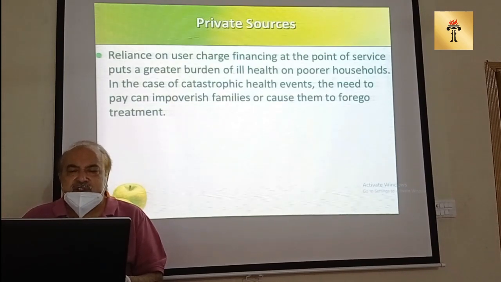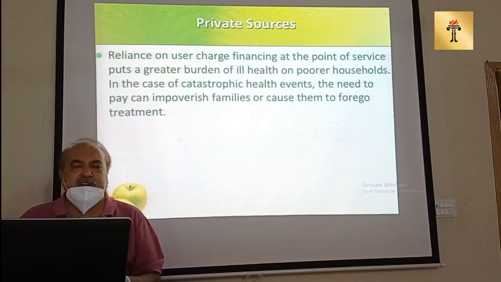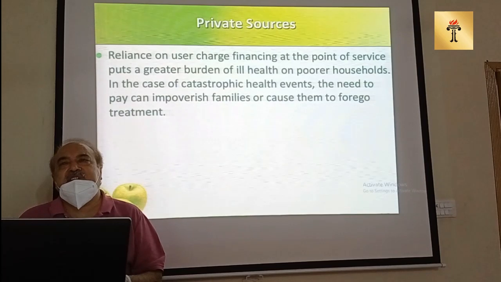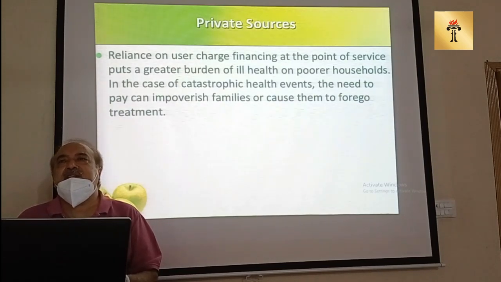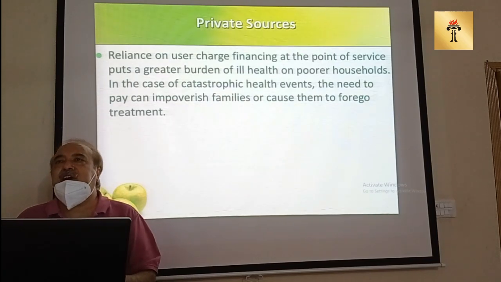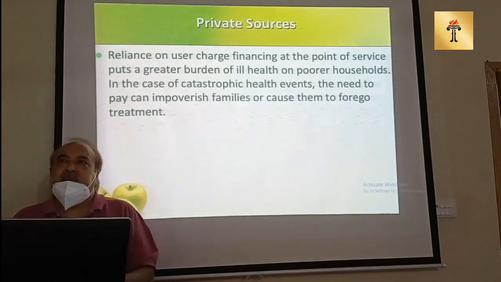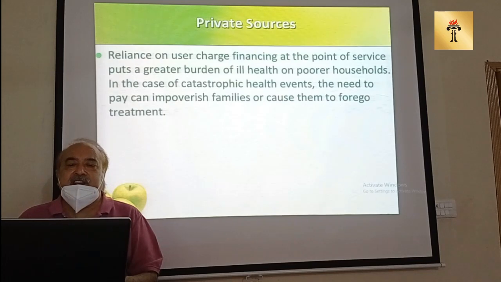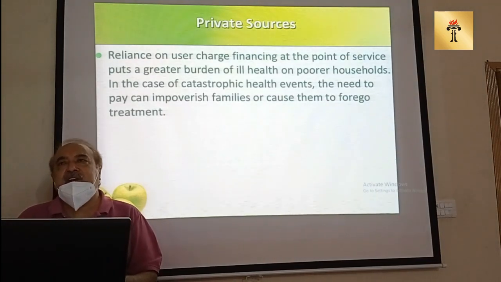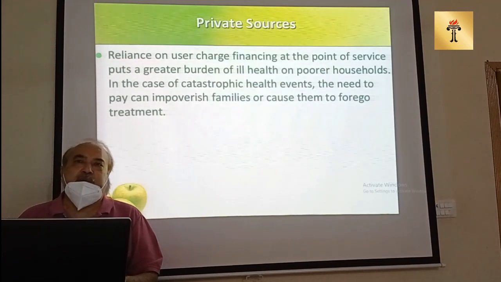Then there are the users' charges at the point of service. So this is also, as you know, the investigations, and they have larger fees than the advisements. If one goes for a CT scan or MRI, he has to pay both in the public sector hospital and in the private hospitals.